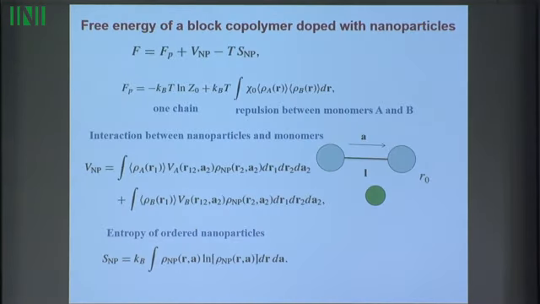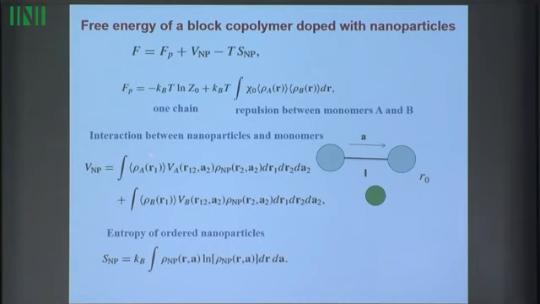And so then, in the general case, the free energy of this system is the sum of several terms. So firstly, there is a conformational free energy of one individual chain. Then there is this well-known term in block copolymers which describes repulsion between different monomers, which is related to the so-called Flory-Huggins parameter, and which promotes the separation of one block from another.